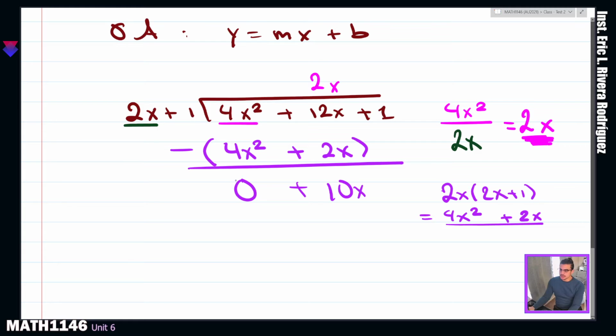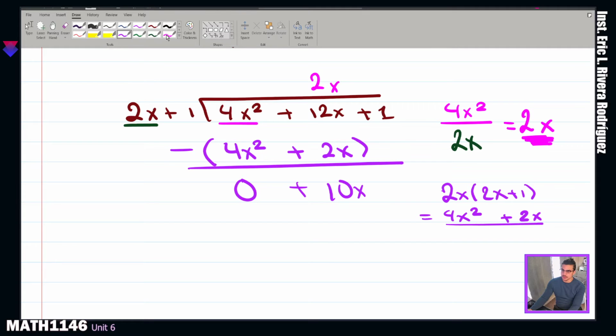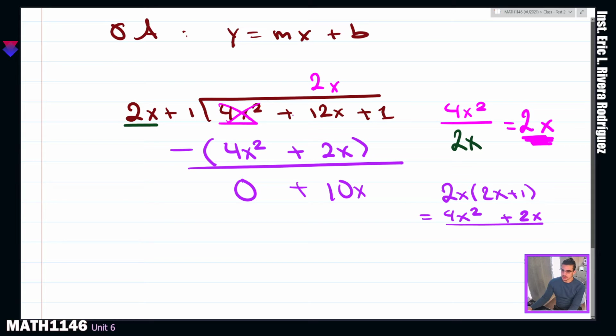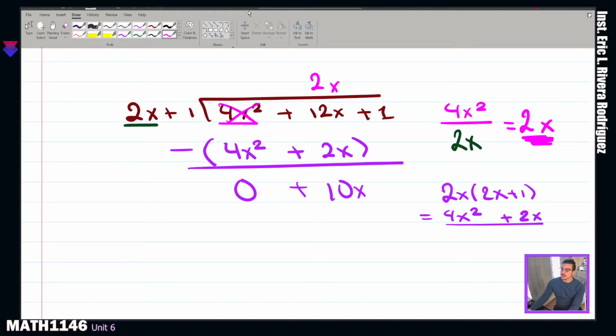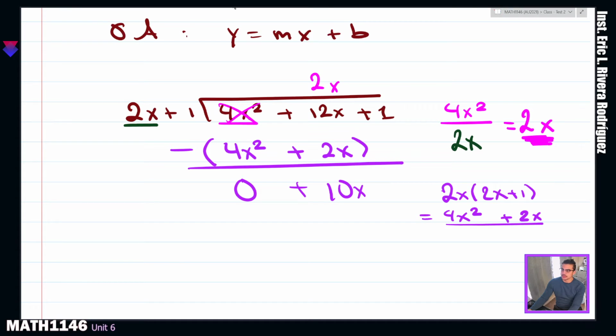At this point, we have finished with the first term of the divisor. Now we focus on 10x. Also, you want to bring down +1.